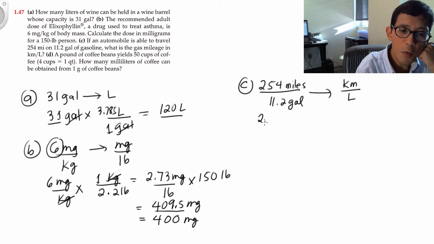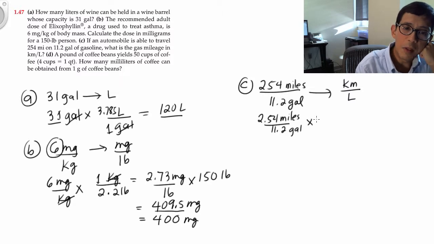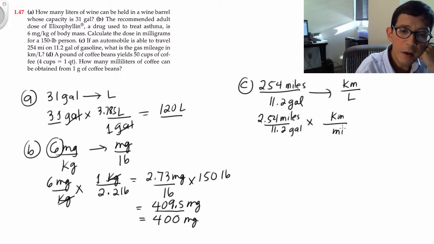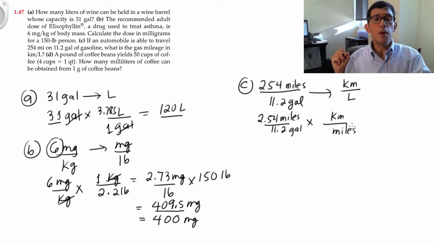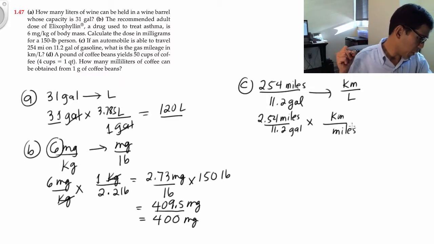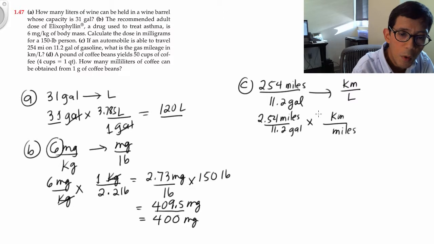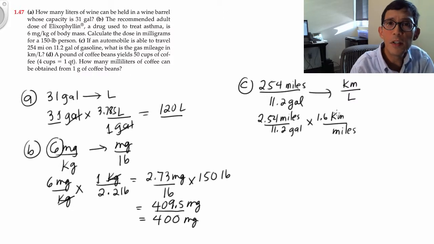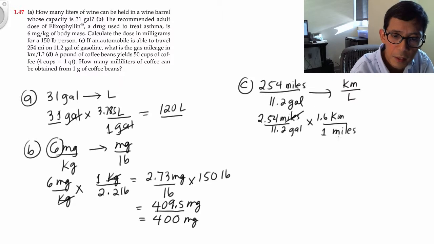So it's 254 miles per 11.2 gallons. And we want miles to kilometers. So kilometers there, miles there. And what is the conversion? Miles to kilometer, there are 1.6 kilometers in 1 mile. So miles go away.